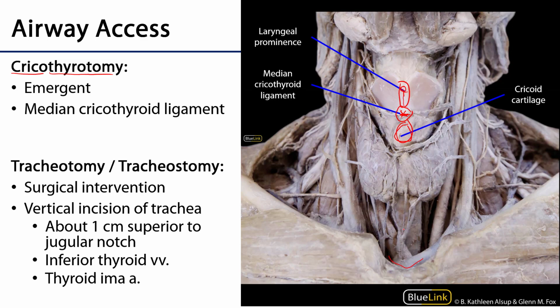They perform a vertical incision here of the skin, and they would visualize any of the vasculature in the way. So in this case, the inferior thyroid veins pose a problem, and in about 10% of cases, the thyroid ima artery is also going to be in the way, and so these need to be moved out of the way, and the trachea can be incised and cannulated, and this can be a site for long-term airway.